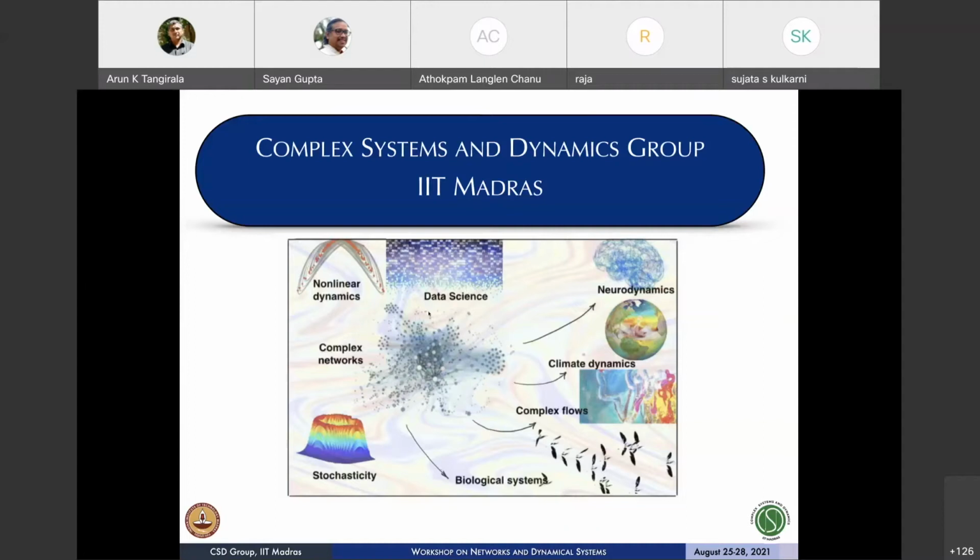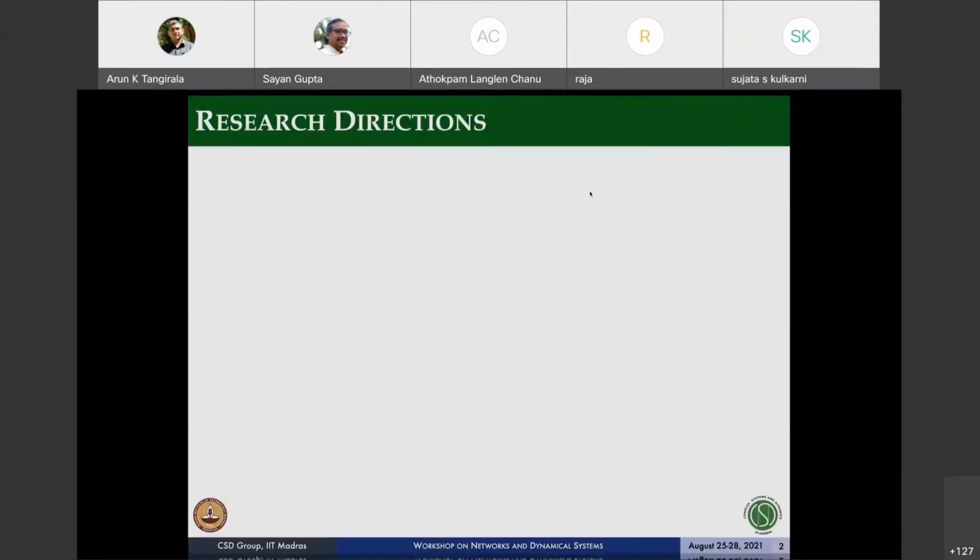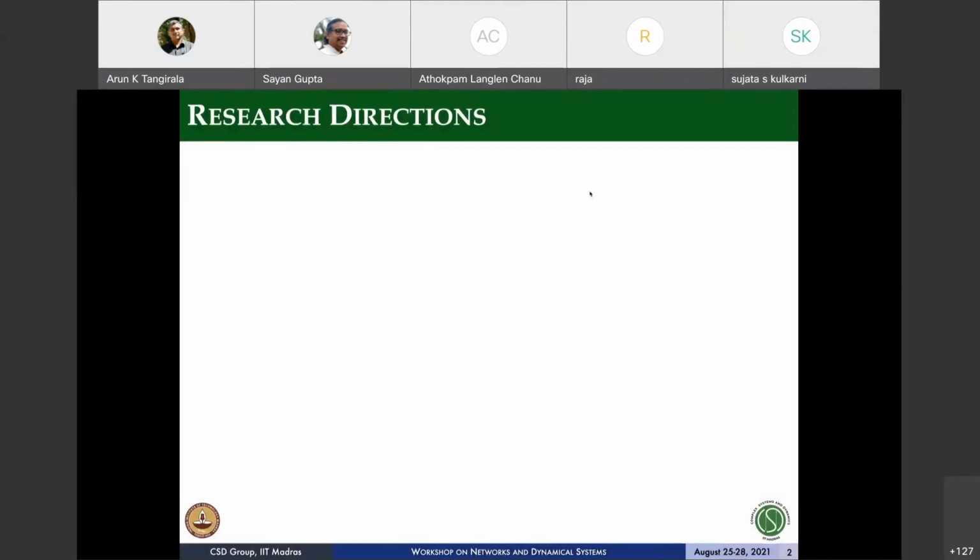And although we call ourselves a complex systems and dynamics group formally for now, we would like to think of this informally as a center where a lot of activities related to complex systems and dynamics are conducted. So what are the broad research directions that our group is engaged in?